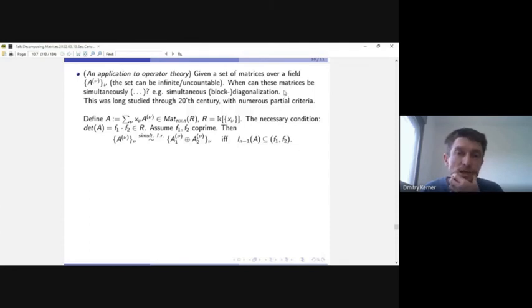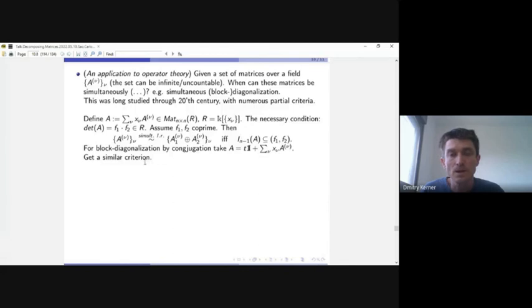Previously this question was studied in the framework of operator theory or linear algebra, and of course they never considered such an approach. Their criteria were completely different, of different style. Now, if we want to block diagonalize by conjugation, not just left-right equivalence, then instead of this matrix, take this matrix, add one more variable, and we will get a similar criterion.